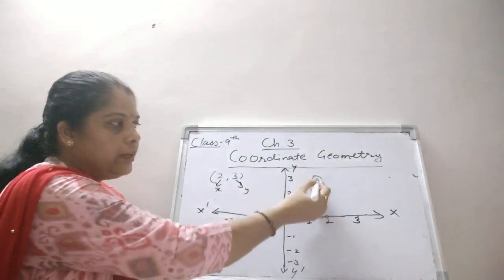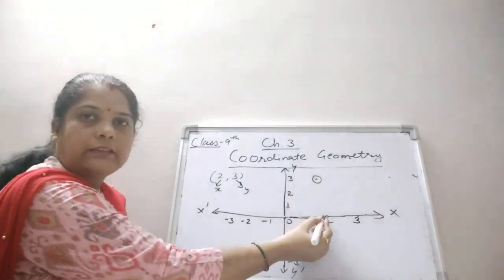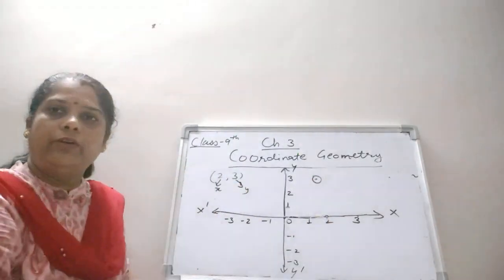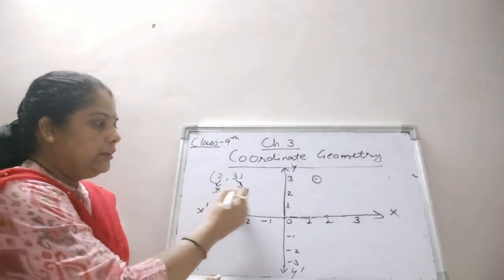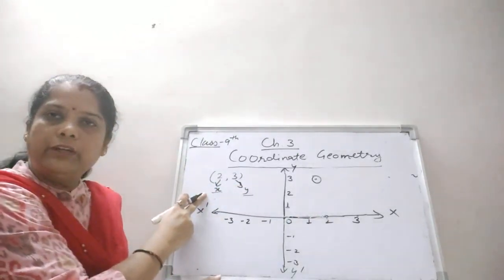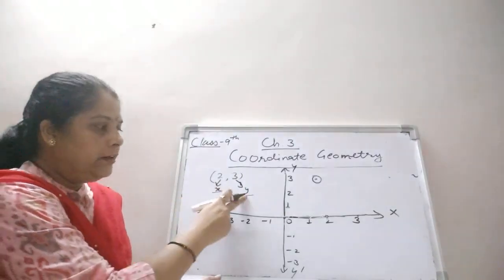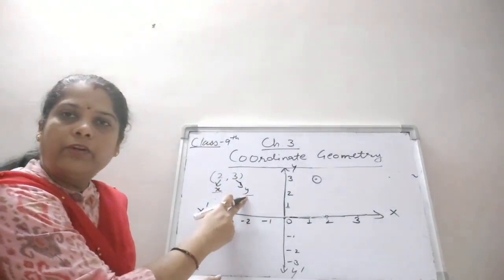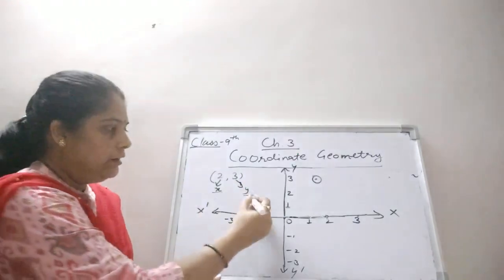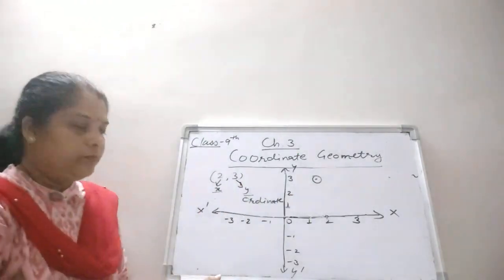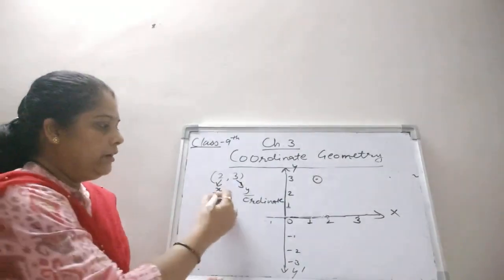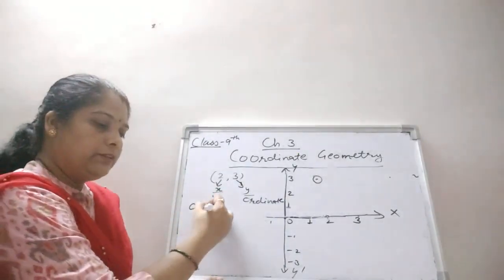Means the distance of a point from the x-axis is known as the y-coordinate. So the another name of x-coordinate is abscissa and another name of y-coordinate is ordinate. The y-coordinate is called ordinate also and the x-coordinate is called abscissa also.